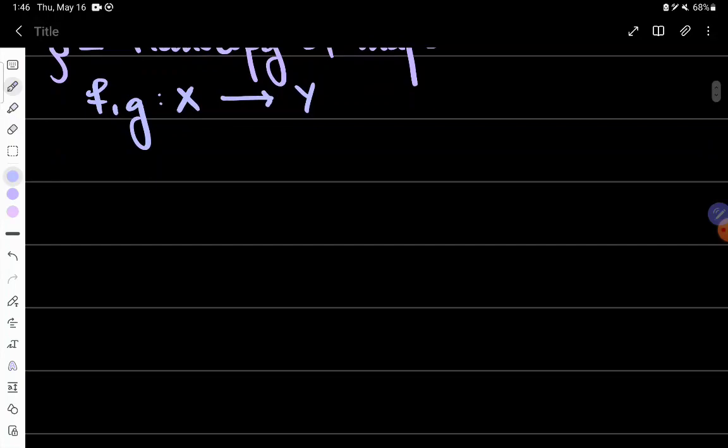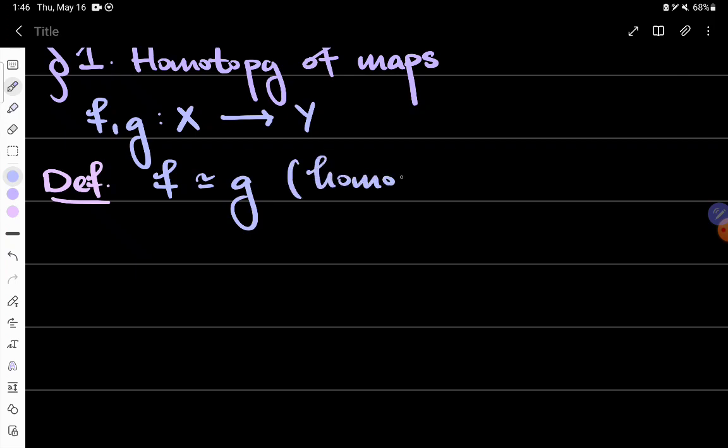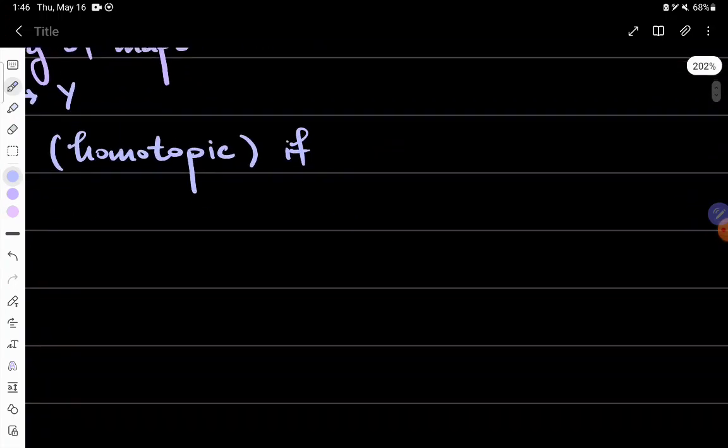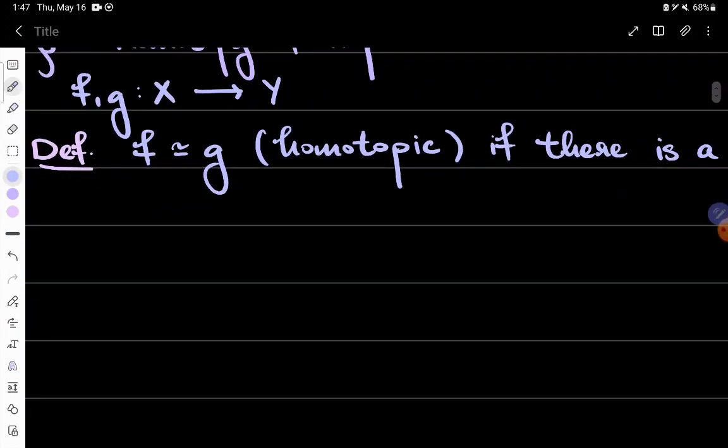So I will define f is homotopic to g if there exists a continuous map. I'm just going to write map and suppress continuity, which is assumed.